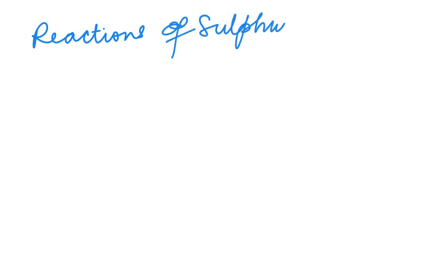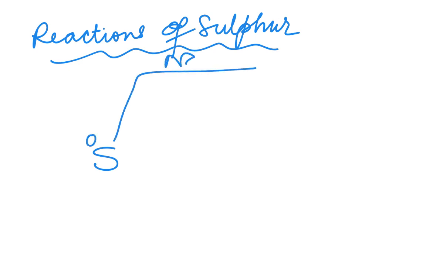Next, let us see the reactions of sulfur. The oxidation state of sulfur is 0, so it reacts with sodium hydroxide and forms Na2S and Na2S2O3.